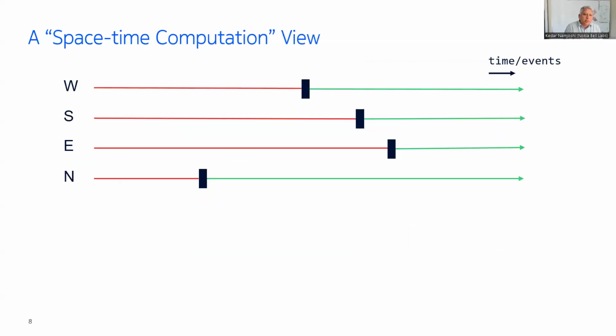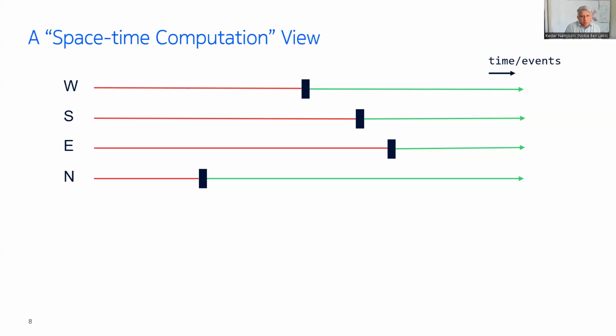So now let's take a different view of this example computation. And that's the space-time view. And this comes from distributed systems. So we're starting to make that connection. What the space-time view does is that it shows a timeline for each node in the network. And since the nodes are going to update in place, the initial events on the timeline will occur when the node is in its red configuration.